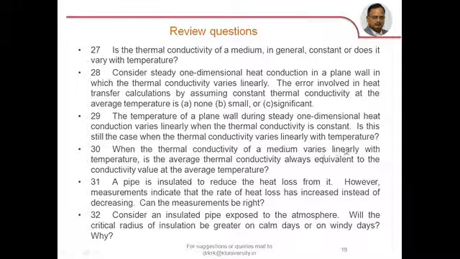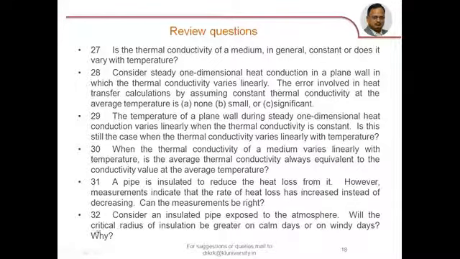When thermal conductivity of a medium varies linearly with temperature, is the average thermal conductivity always equivalent to the conductivity value at the average temperature? 31. A pipe is insulated to reduce the heat loss. However, measurements indicate that the rate of heat loss has increased. Are these measurements right or wrong?